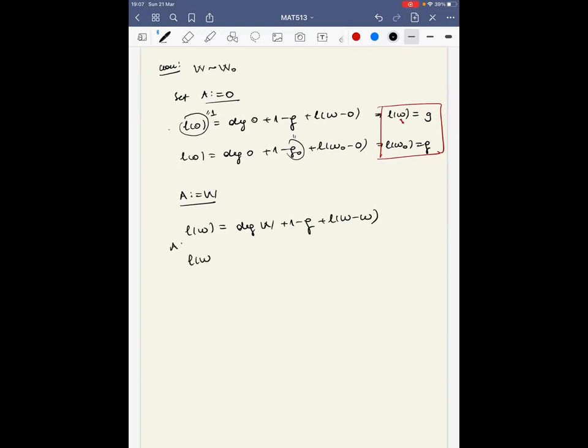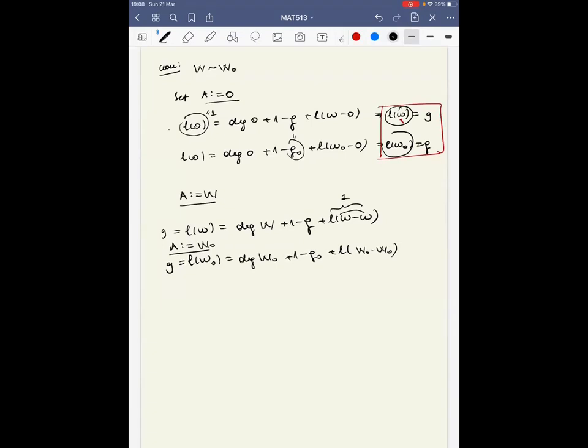Similarly, we will also consider W0. This is degree of W0 plus 1 minus G0 plus L of W0 minus W0. Again, this is going to be the zero divisor. It has dimension 1, and we have observed that such divisors can only have dimension G.